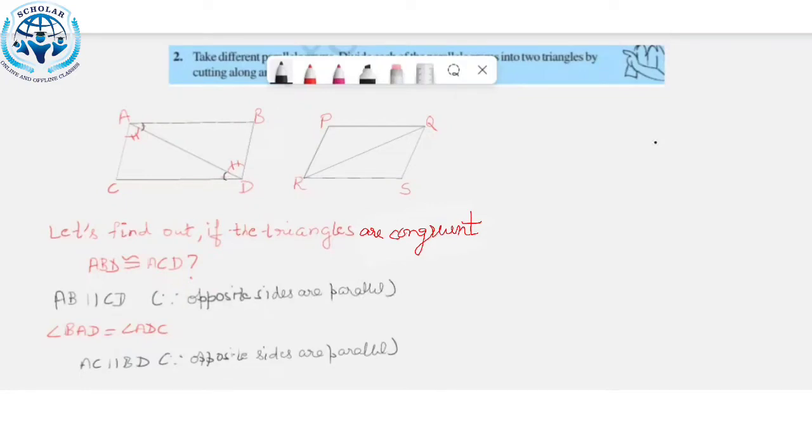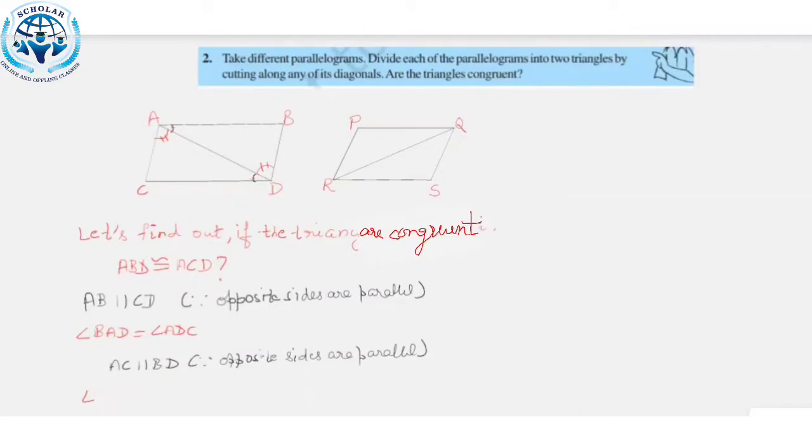Angle CAD will be equal to angle ADB. Again the same reason, both angles are alternate angles.